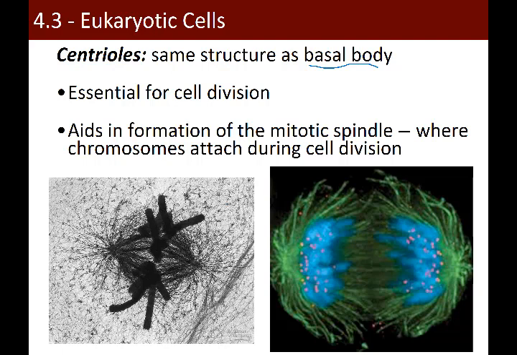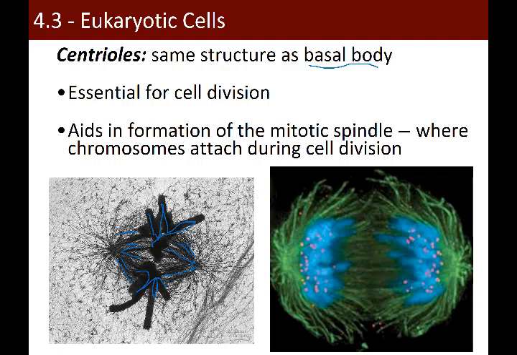And so here we have, in black, these are the chromosomes of a cell that's getting ready to divide. And all of these dark lines are microtubule filaments. They're going to be important for movement, or the mitotic spindle.